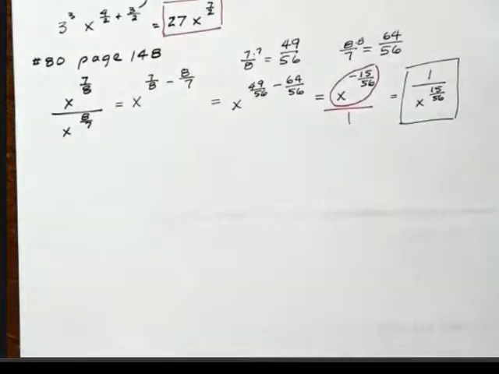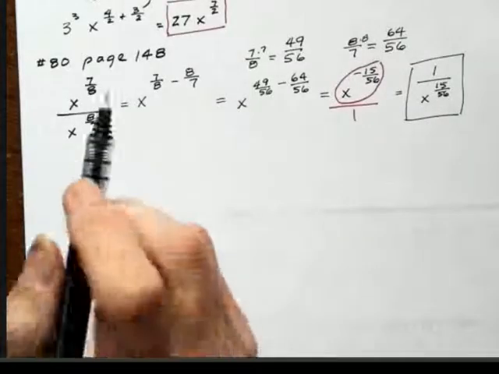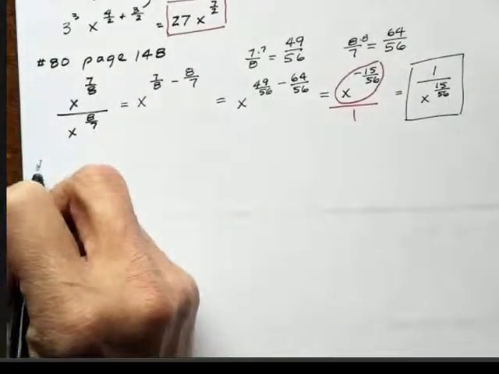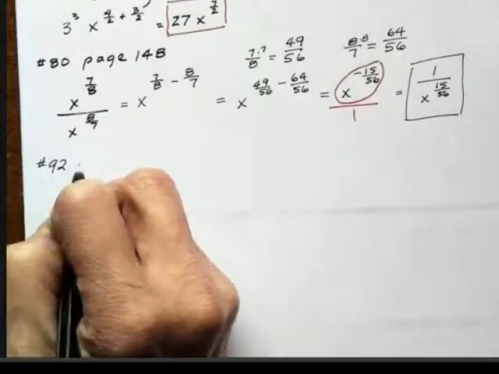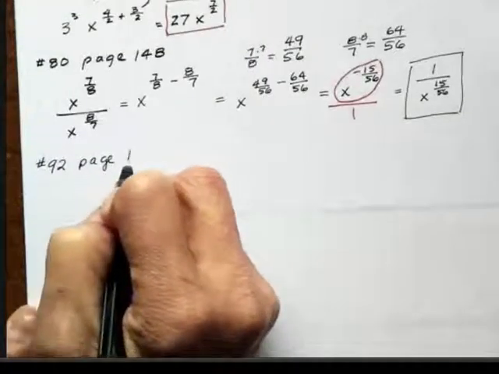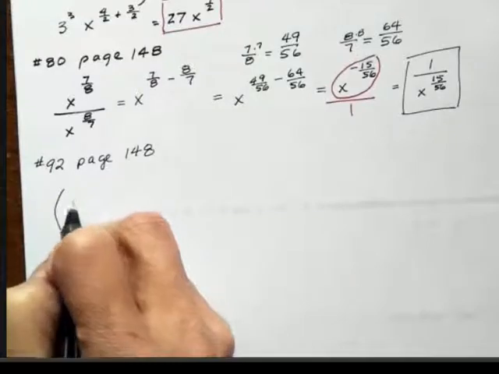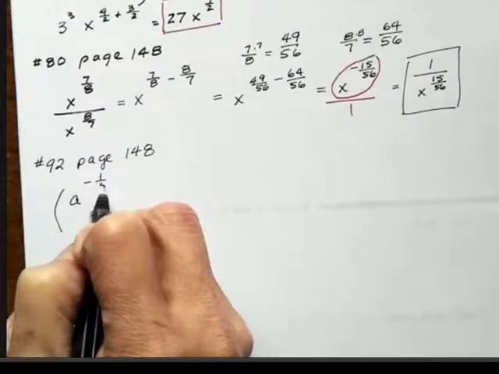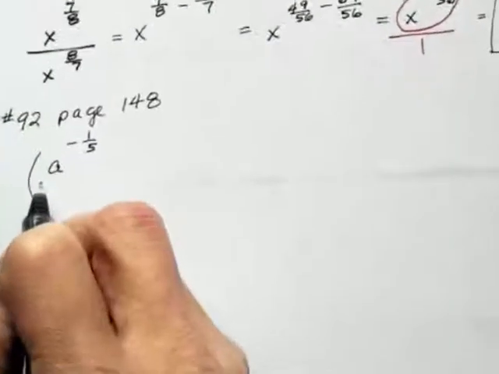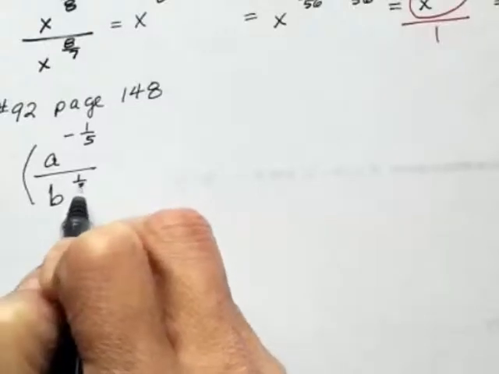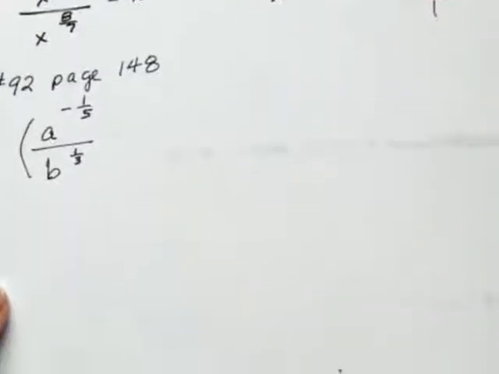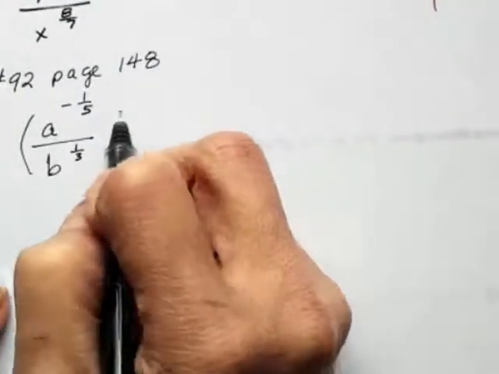The next problem I'm going to do is problem 92 in the same section on page 148. Problem 92 starts off with a to the negative 1/5 divided by b to the 1/3, and that's all going to be taken to the 15th power.